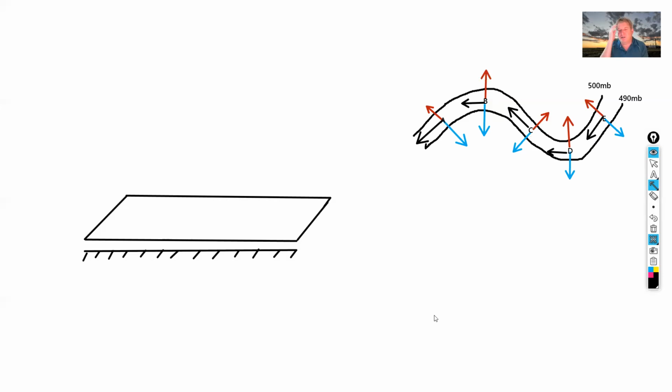Now the question is, what is the trough? Is the trough letter B or is the trough letter D? So I'm going to do this for a second. I'm going to remove those, keep this out of my way. What is the air doing over here at letter D? Remember, the air is moving this way.